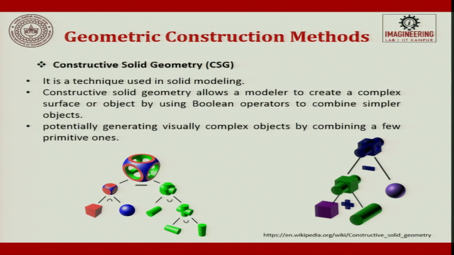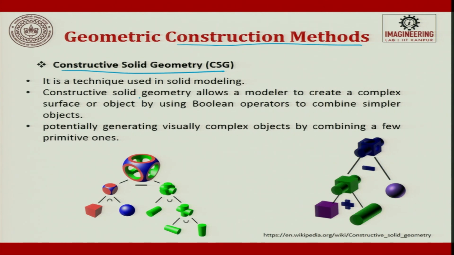The next one is called constructive solid geometry, which is also used as part of the construction method. Constructive solid geometry means using these Boolean operations, you can try to draw or store or develop any 3-dimensional object from the solid model, whatever it is. This is a technique used in solid modeling.